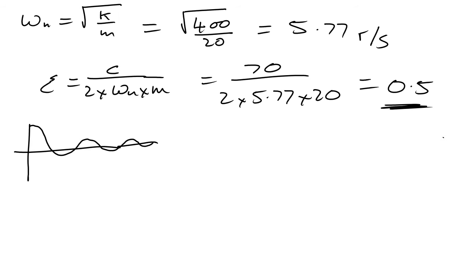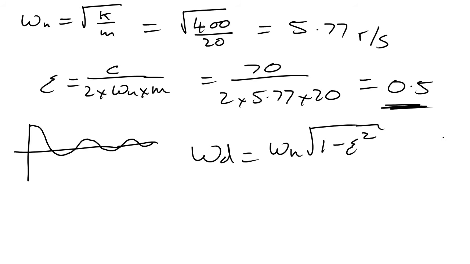And what frequency then will that oscillate at? Then we can find that out. We know that our frequency of damped oscillation is our natural frequency multiplied by the square root of 1 minus zeta squared. So that's going to equal 5.77 multiplied by the square root of 1 minus 0.5 squared.